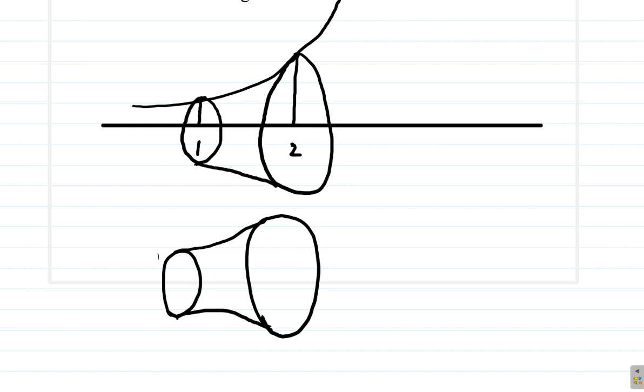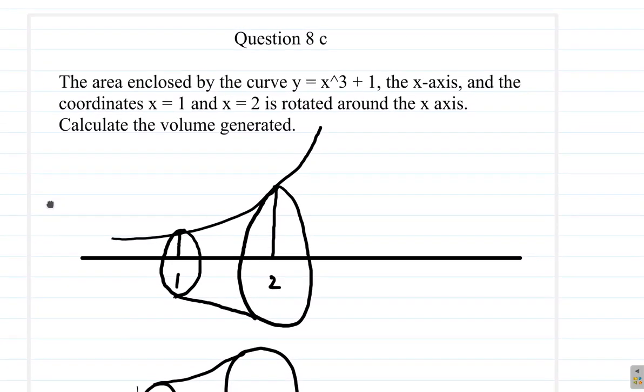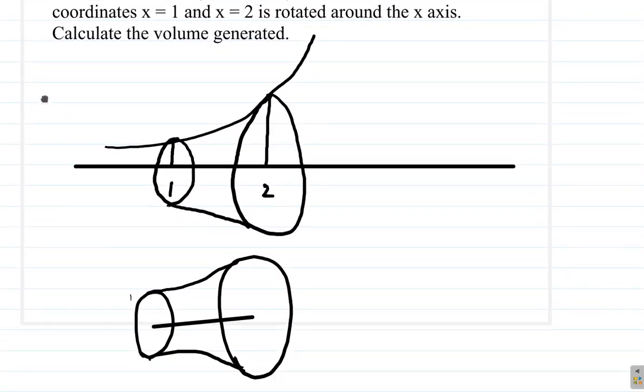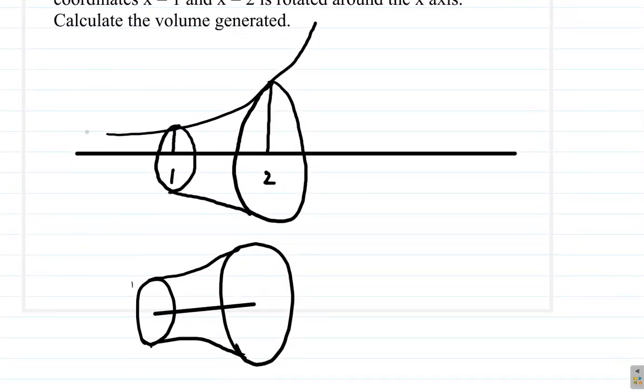All right. Now, this is from center to center. And the curve has the equation y equals x cubed plus 1. What you do, you take a slice of this shape that is rotated.